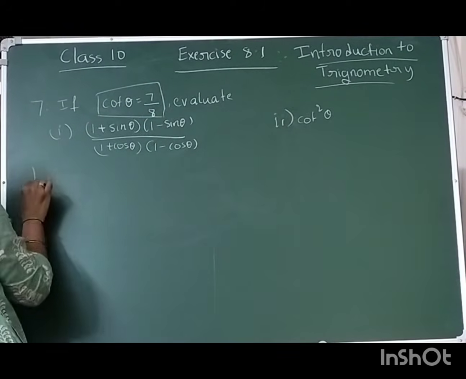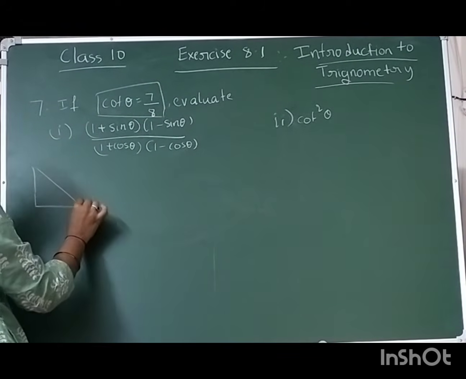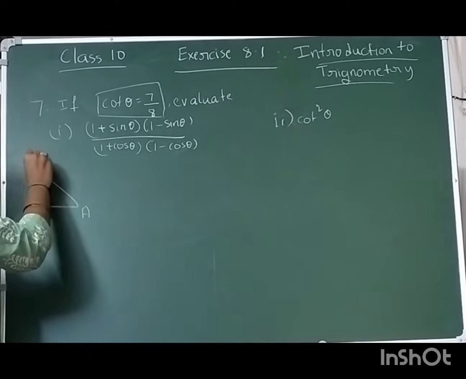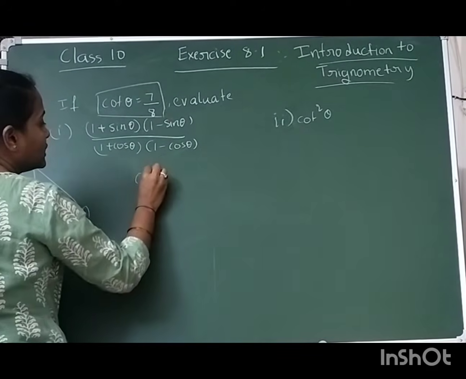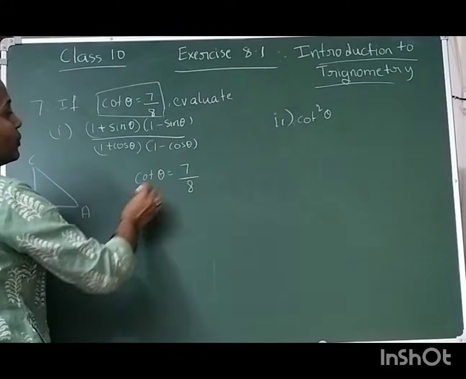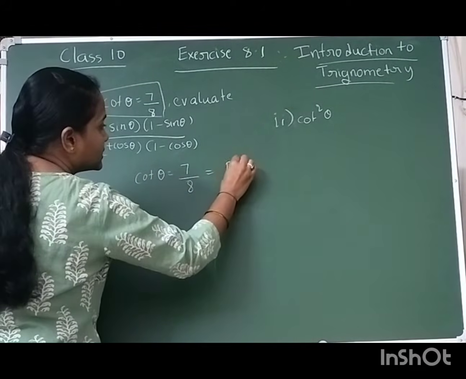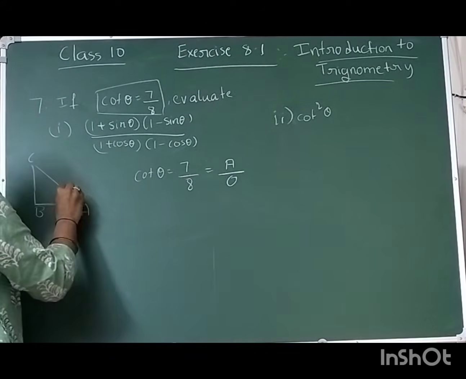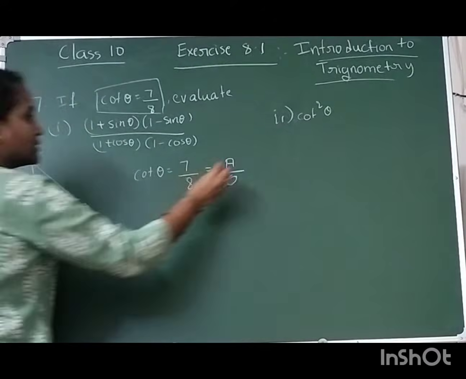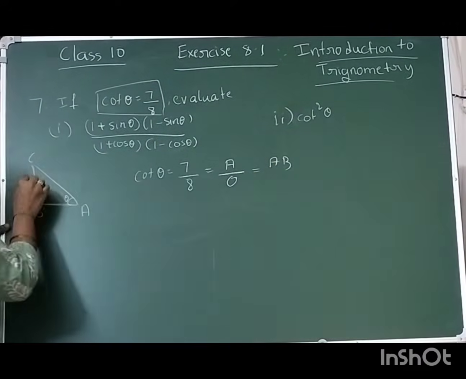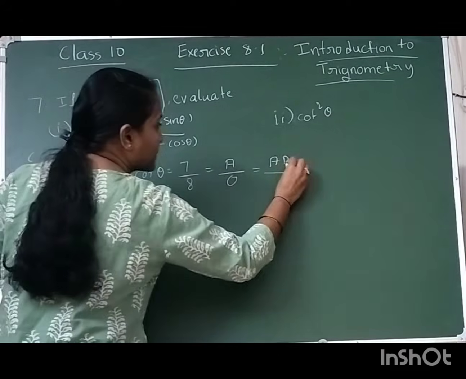First we'll take a triangle ABC. So cot theta is equal to 7 by 8 is given in the question, and we know that it is adjacent by opposite. So adjacent to the angle theta is here AB, and opposite to angle theta is BC.